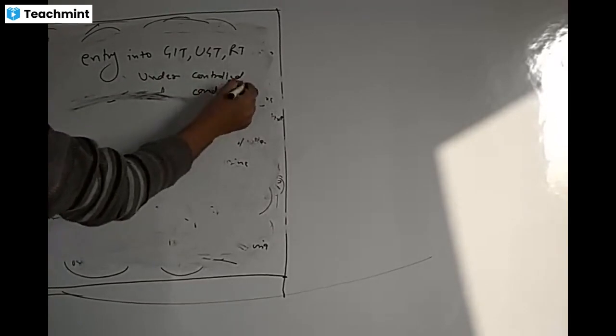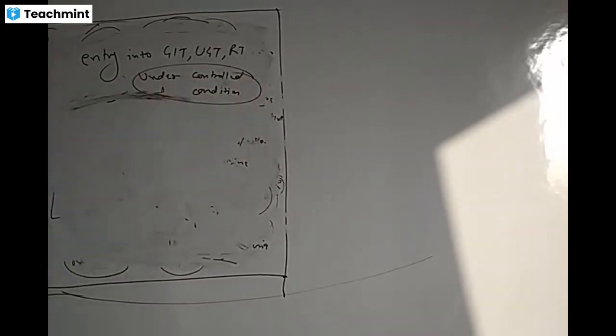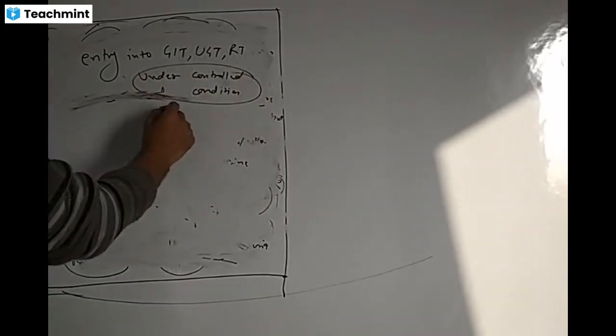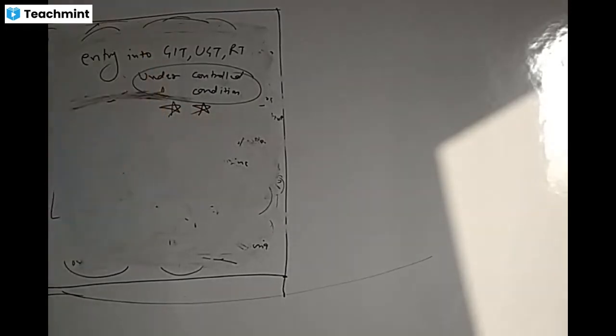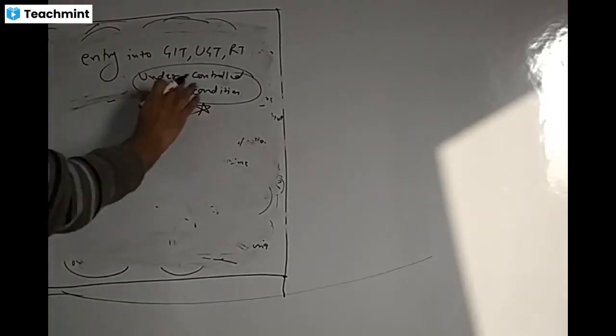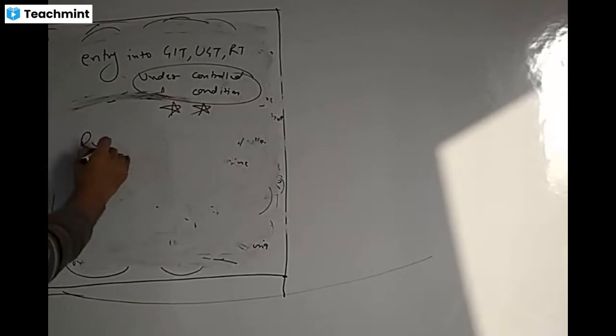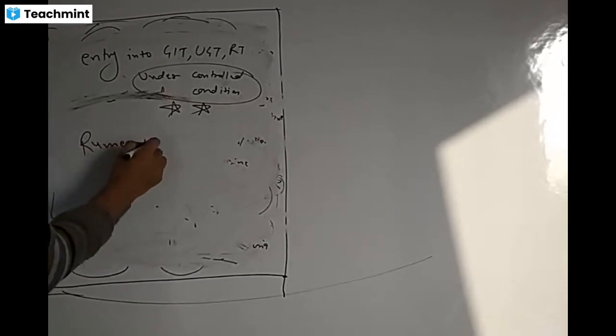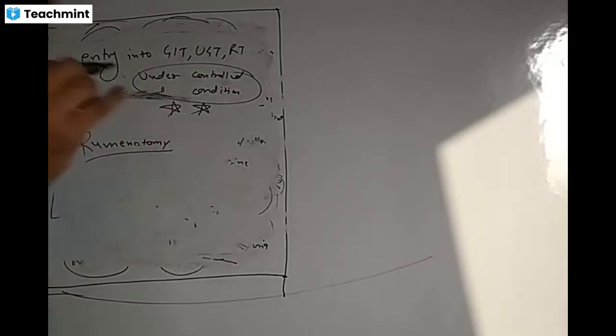Under controlled condition. This is the point for the clean contaminated surgery. Under controlled condition means, for example, ruminotomy. This is an example of clean contaminated surgery.